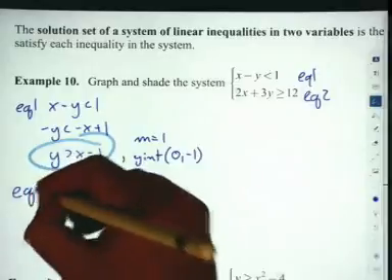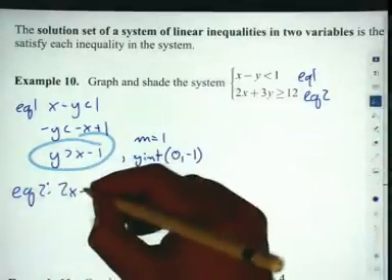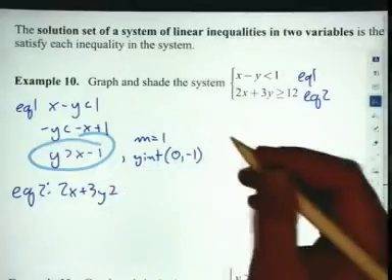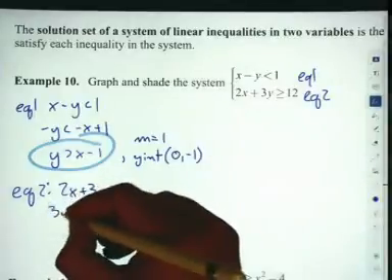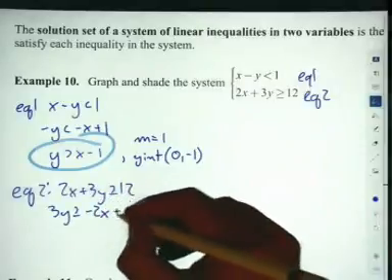And then equation 2, we have 2x plus 3y is greater than or equal to 12. So that becomes 3y is greater than or equal to negative 2x plus 12.